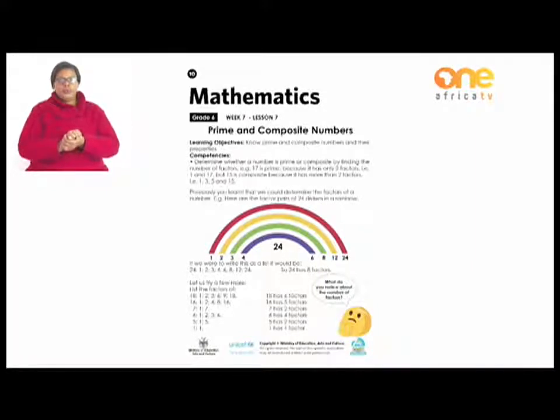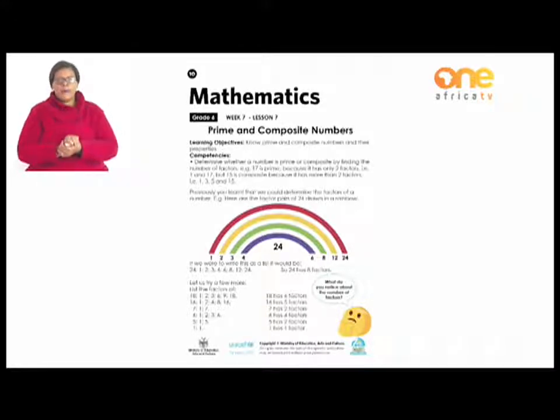Now, if you can remember this work, if we have the number 24, for example, 1 and 24 will be factor pairs. You'll also notice that both of them are in the red color of the rainbow. And 1 multiplied by 24 gives you 24. The next factor pair is 2 and 12, and 2 times 12 also gives you 24.